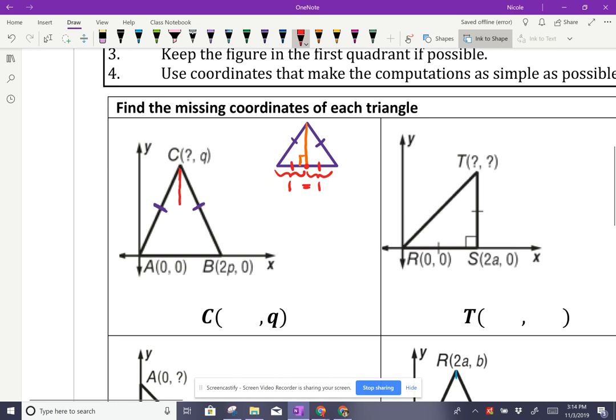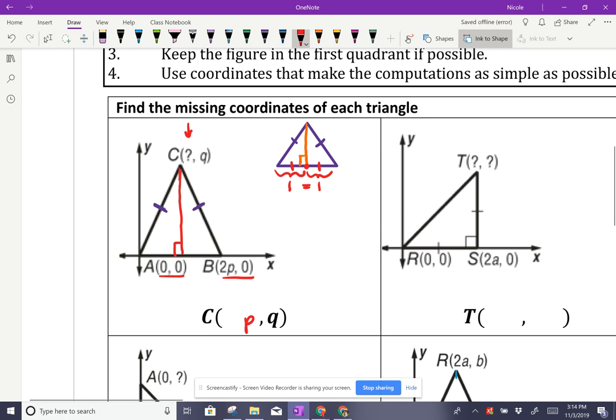So taking a look at our triangle ABC, if I drop, we call this the altitude, by the way. Again, that's something we're going to talk about in chapter 5. If I drop an altitude down, that will give me the x value of my C. And looking at A and B, A is at 0, 0 because it's at the vertex. B is at 2p. Just like previously when we had variables added into our ordered pairs, just ignore them, but make sure they make it into your final answer. So I know C is going to have a p in it.